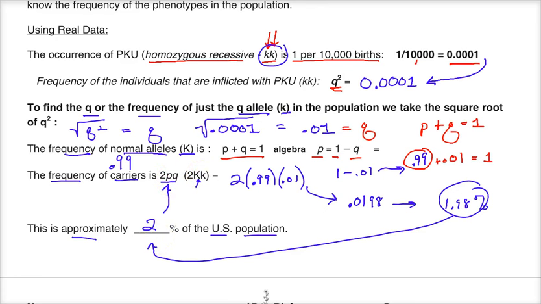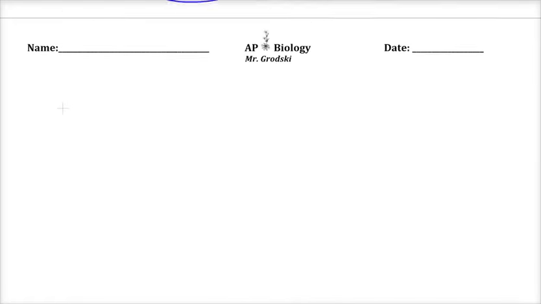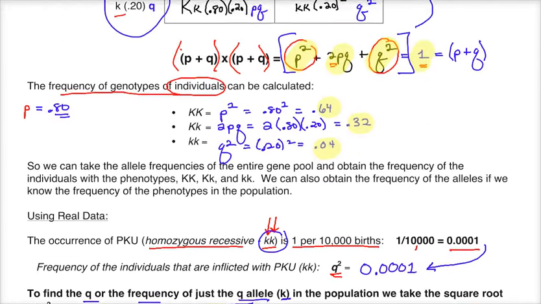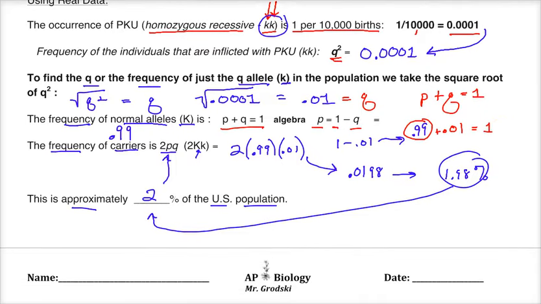And we got all of that starting from what? A rate of disorder per births. So we can speak to that, and you can see how powerful that is.